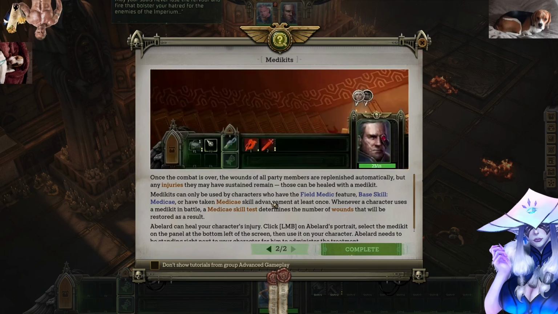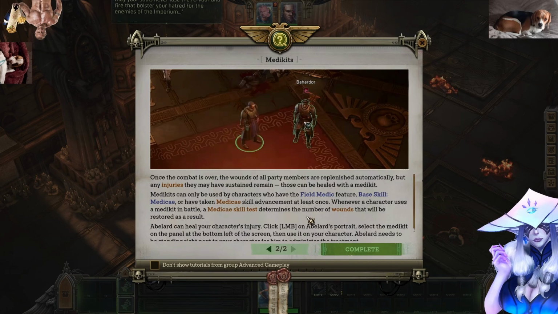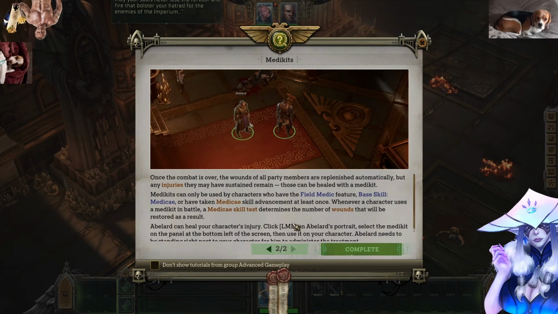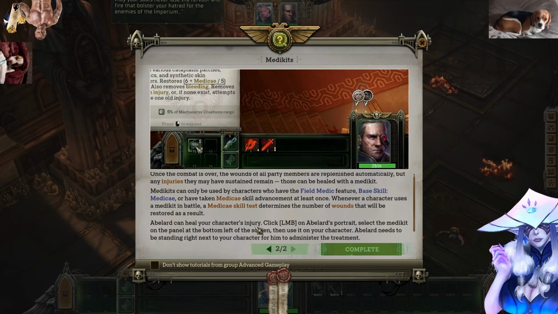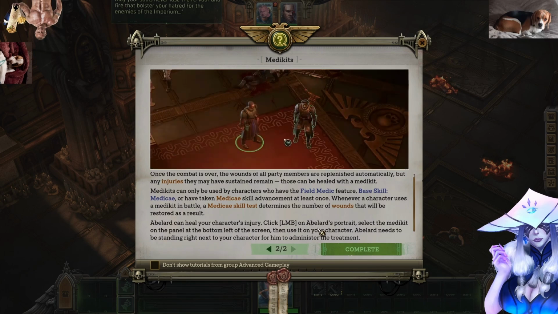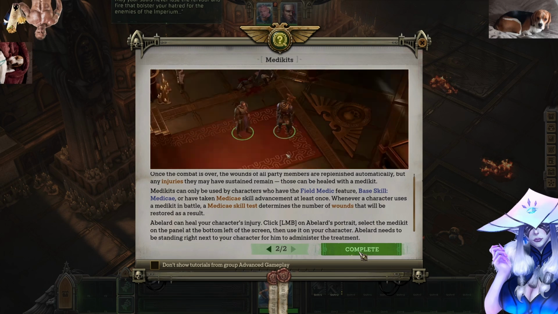Medikits can only be used by characters who have the field medic feature, base skill Medicaid, or have taken Medicaid skill advancements at least once. Whenever a character uses a medikit in battle, a medikit skill test determines the number of wounds that will be restored as a result. Abelard can heal your character's injury. Press left mouse button, Abelard's portrait, select the medikit on the panel at the bottom left of the screen and use it on the character. Abelard needs to be standing right next to the character.